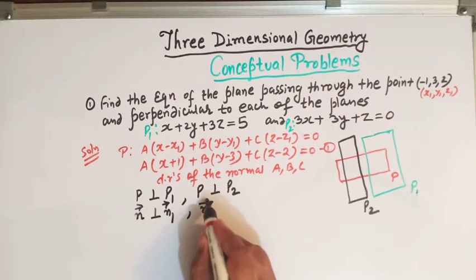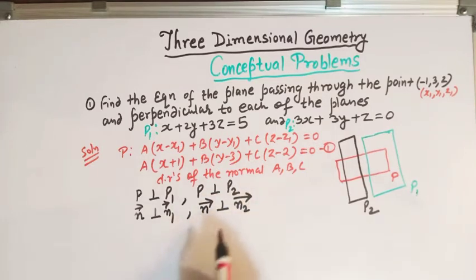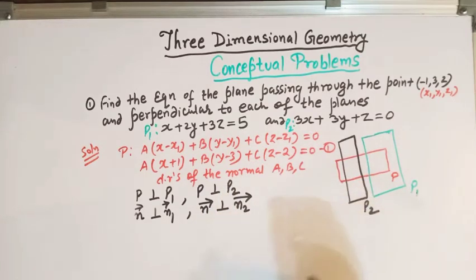Similarly, vector n is perpendicular to the normal vector to plane P2, right? So whenever two planes are perpendicular, their normals are also perpendicular, and when the two planes are parallel, their normals are also parallel.